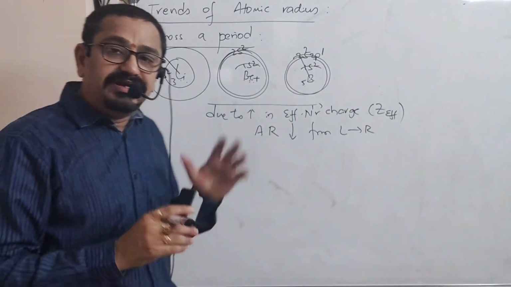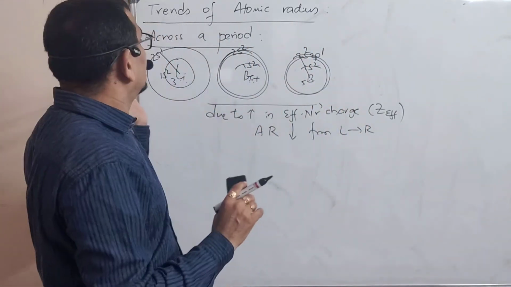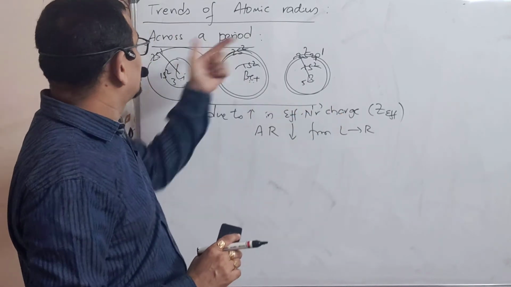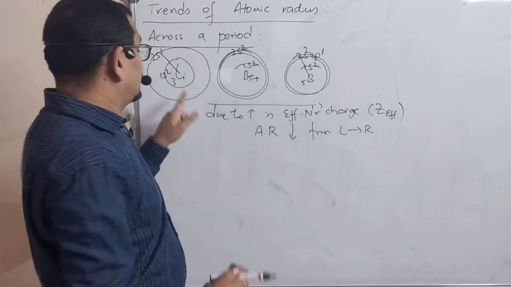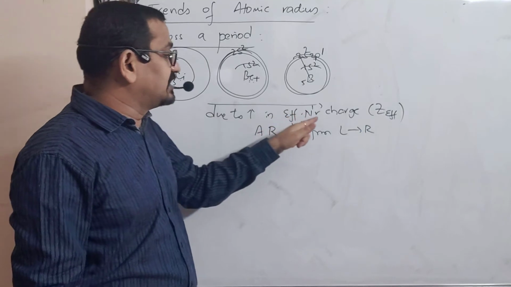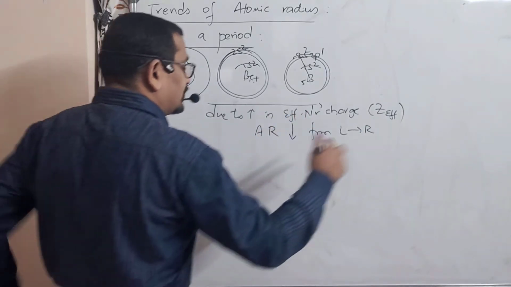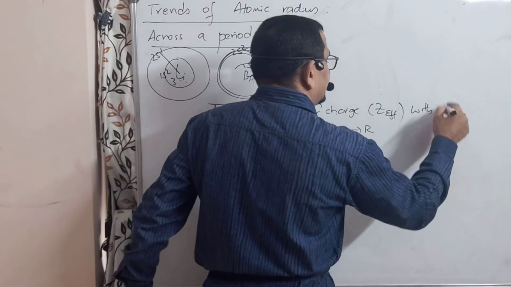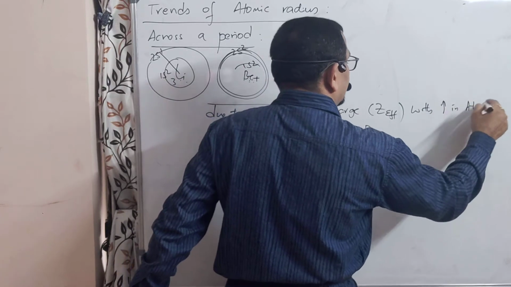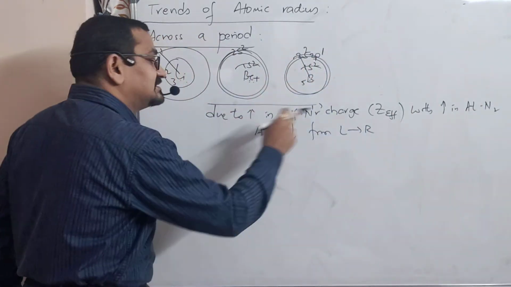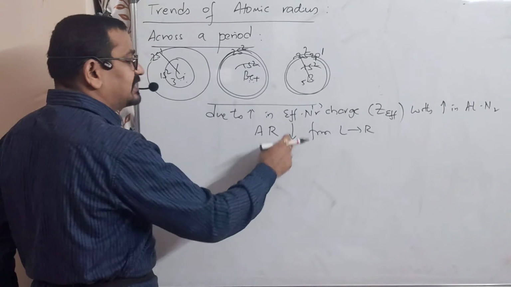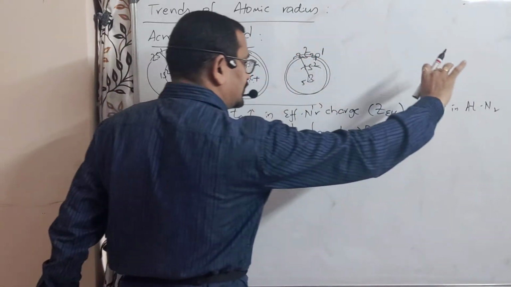So how do you explain the variation of atomic radius across a period? Due to increase in effective nuclear charge with increase in atomic number, atomic radius decreases from left to right.